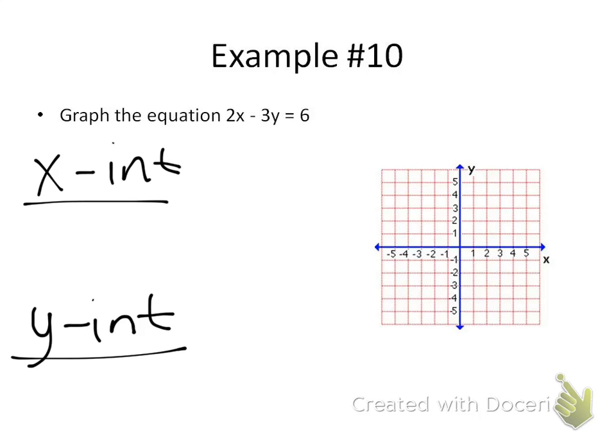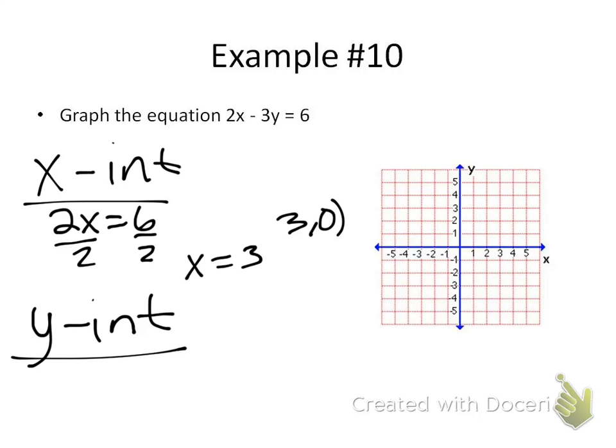For x-intercept, I'm going to make y equal to 0. So I'll have 2x equals 6. X equals 3. So I'll have a point at 3, 0. Do y-intercepts the same way, except now you're making x 0.